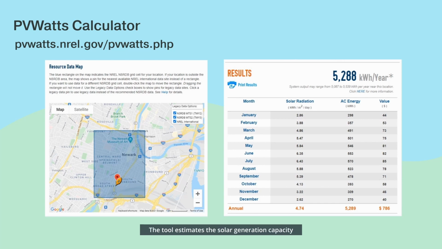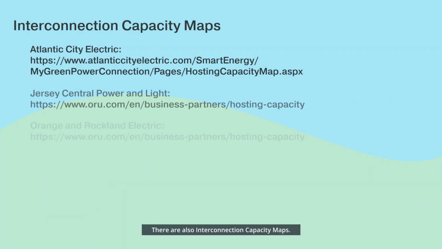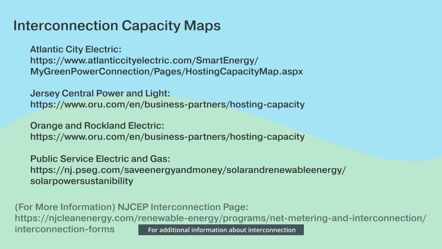The tool estimates the solar generation capacity based on the location and other characteristics of the site. There are also interconnection capacity maps. For additional information about interconnection and contact information for each utility's interconnection department, see the NJCEP interconnection page.